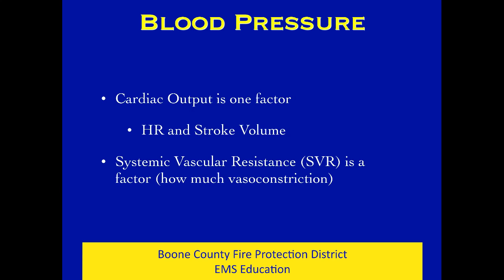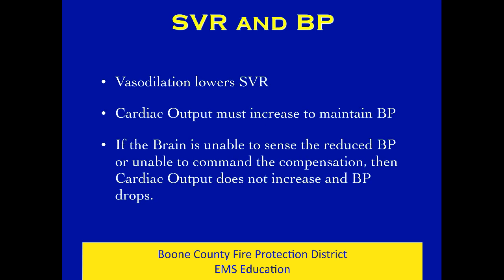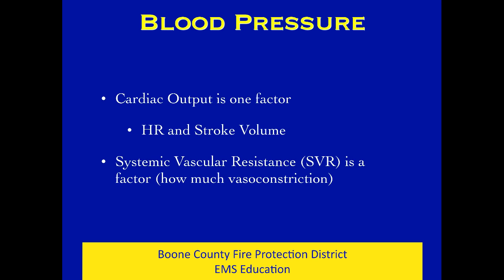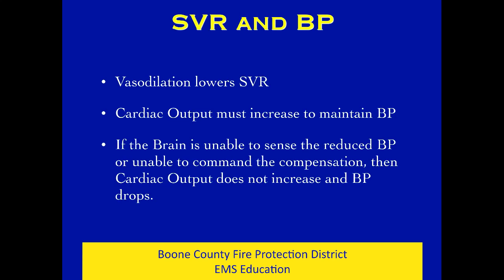But in the case of a distributive shock, then you have abnormal SVR. When vasodilation happens, as in the distributive shocks, whether that be anaphylaxis or neurogenic shock or sepsis, now your SVR drops. So thinking back to the previous slide, if your SVR drops, then your cardiac output's got to go up to compensate. And usually it can.